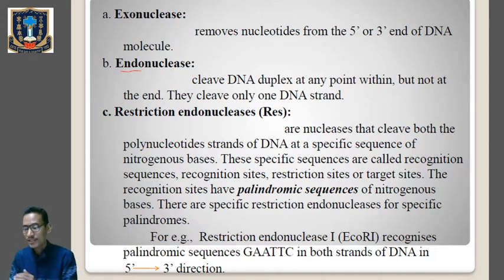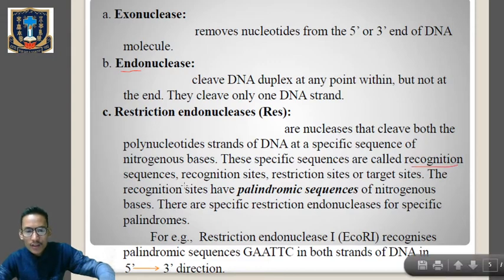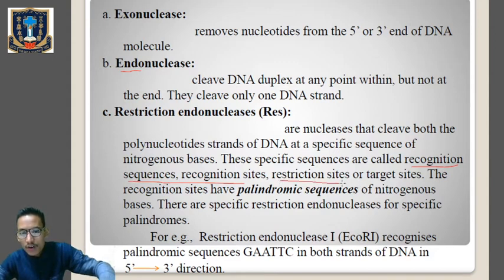It will not recognize any type of base sequences, but to clip the DNA molecule, it has to recognize specific nitrogenous base sequences, and these specific sequences which are recognized by the restriction endonuclease enzymes are known as recognition sequences or recognition sites or restriction sites or the target sites. So it will recognize specific sequences which are called recognition sequences, recognition sites, restriction sites or target sites.